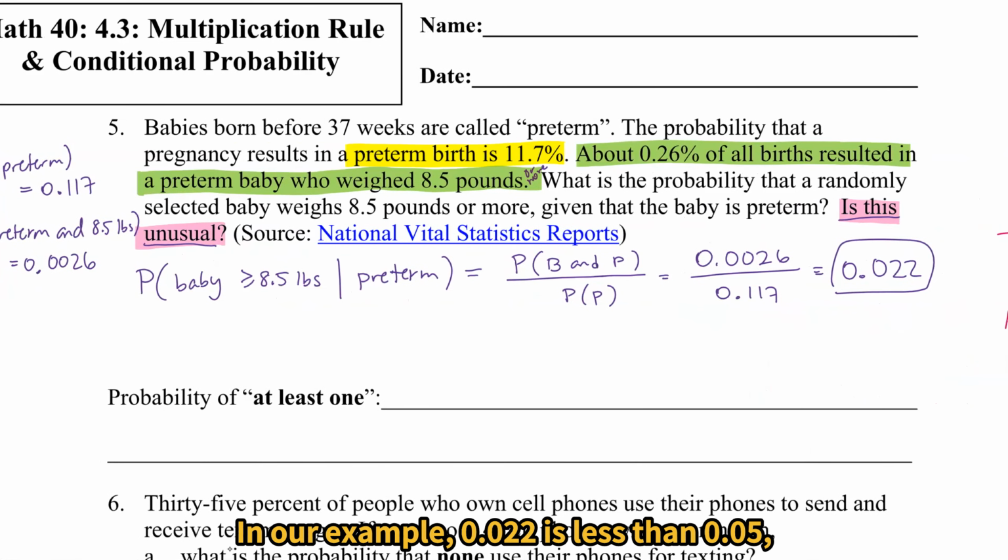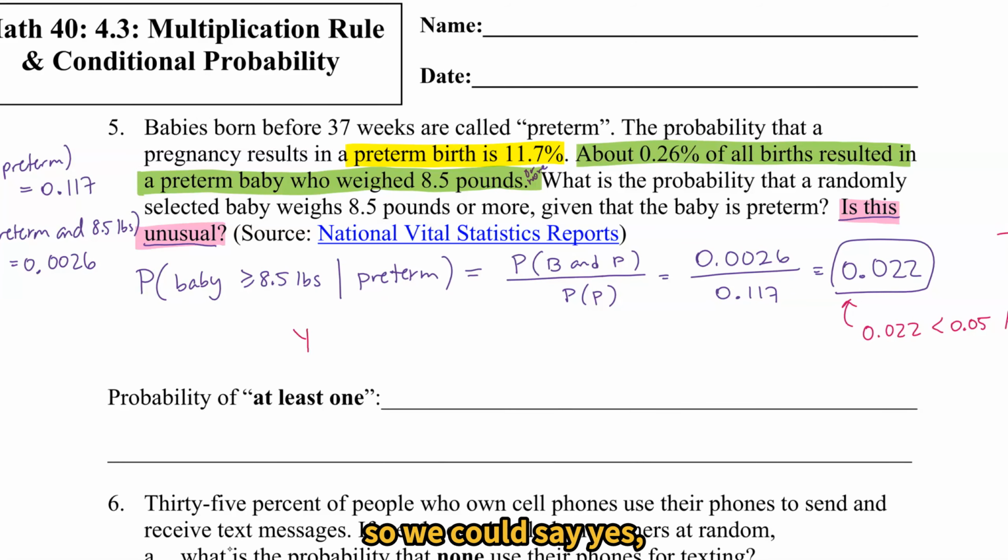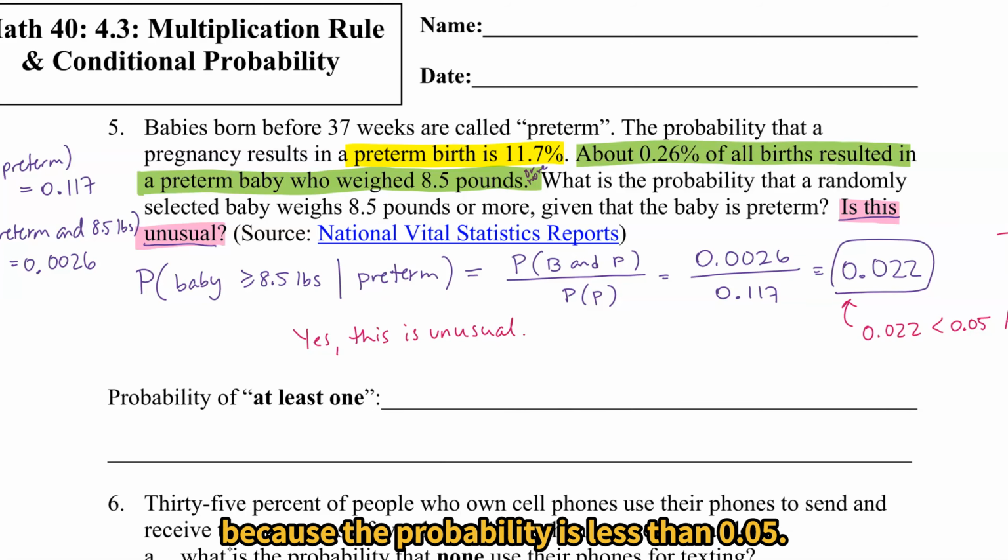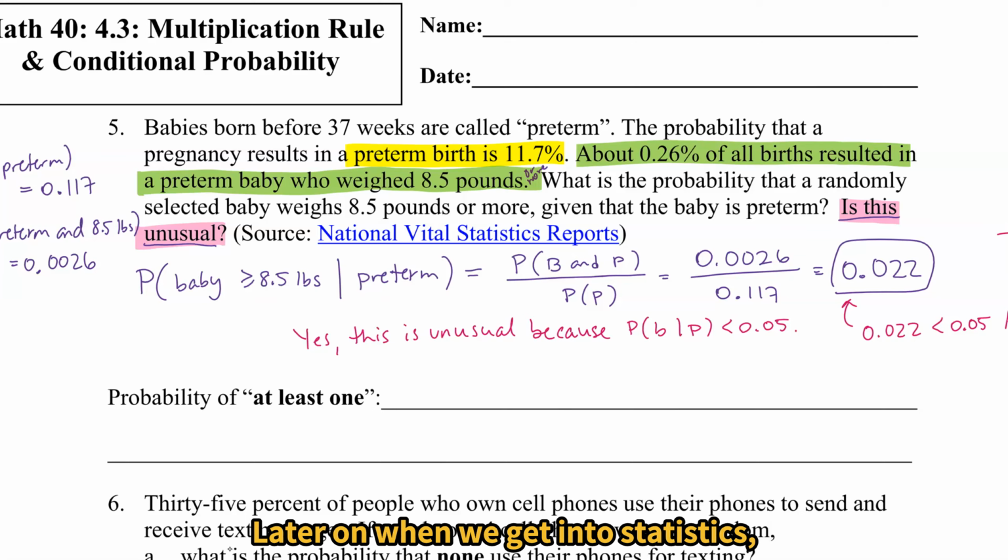In our example, 0.022 is less than 0.05, so we could say, yes, this is unusual or unlikely because the probability was less than 0.05. Later on, when we get into statistics, this idea of 0.05 being a threshold between usual values and unusual values in probability will not stay at 0.05.